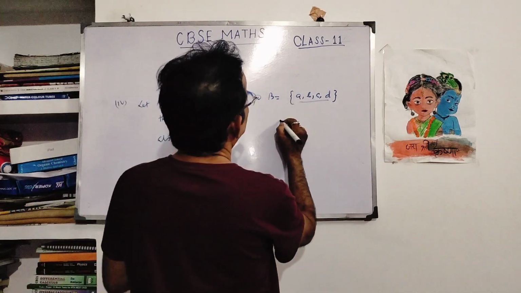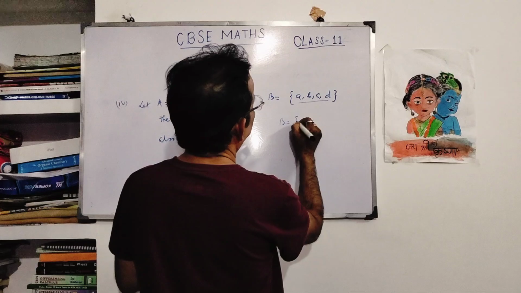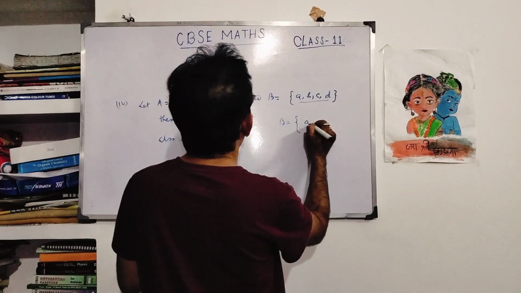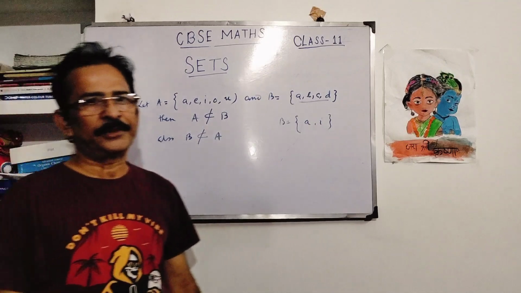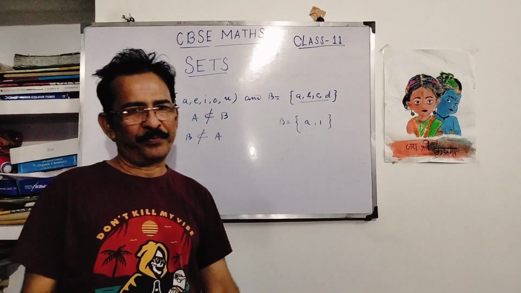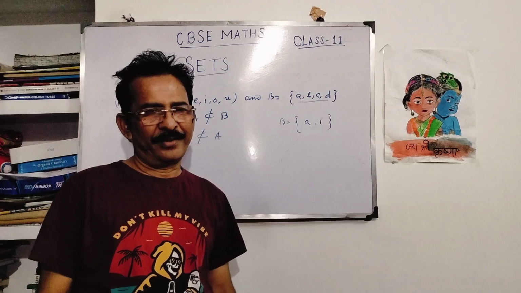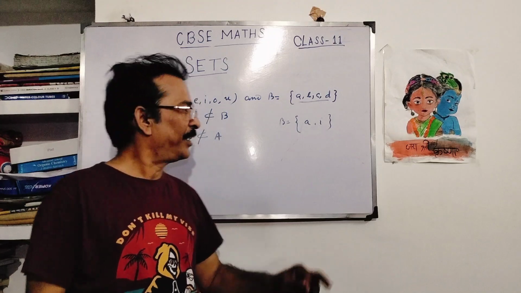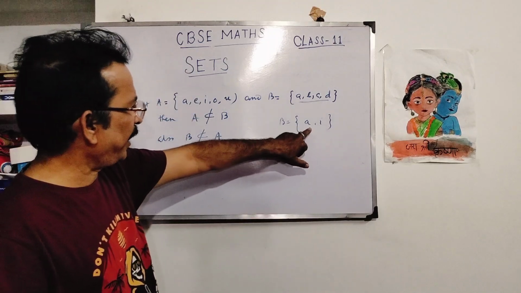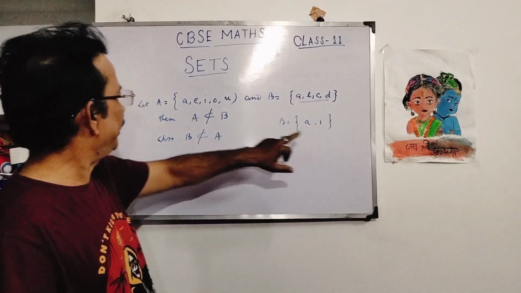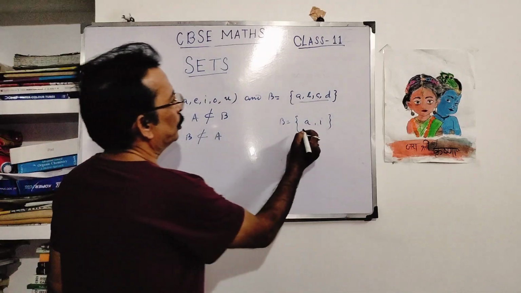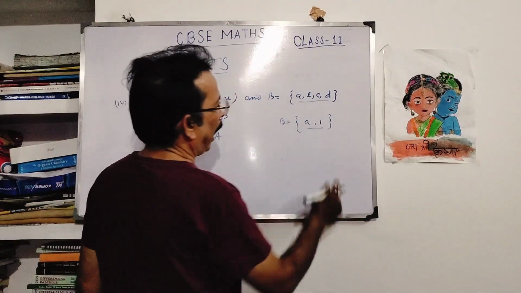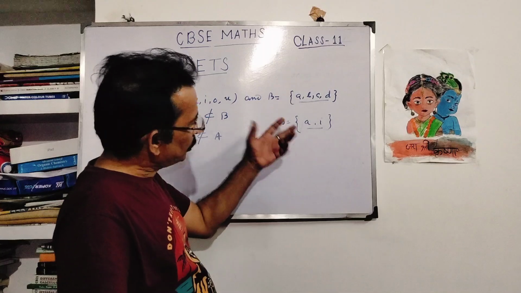If B is the subset, B is A, I, and here A is A, E, I, O, U. In that case, what will it be? Think about it.